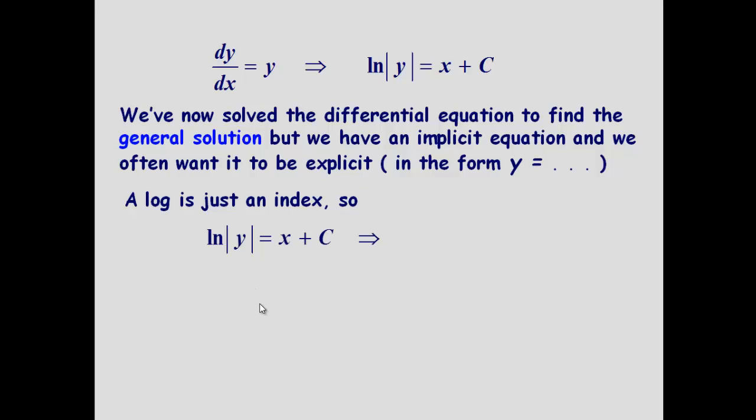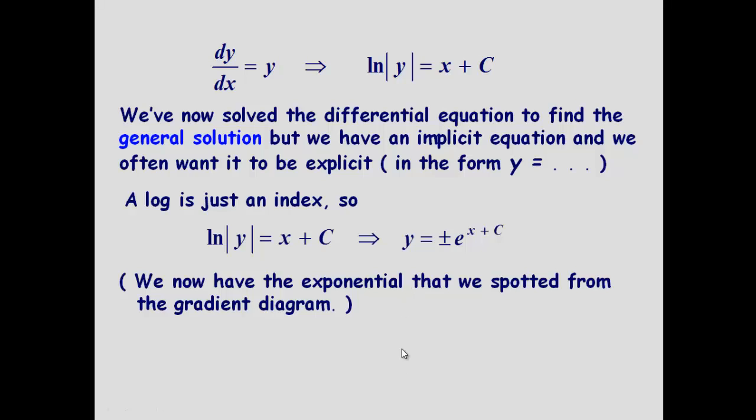Then e to the ln y becomes y, and we get e to the x plus c. But because of the modulus, we need a plus and a minus sign in front of here. And you can see here we've got our exponential, which kind of proves what we suspected looking at the graph.